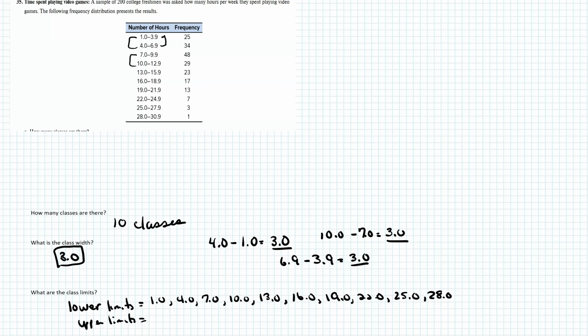The upper limits are 3.9, 6.9, 9.9, 12.9, 15.9, 18.9, 21.9, 24.9, 27.9, and 30.9.